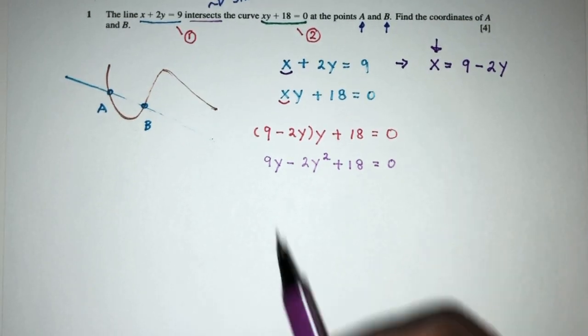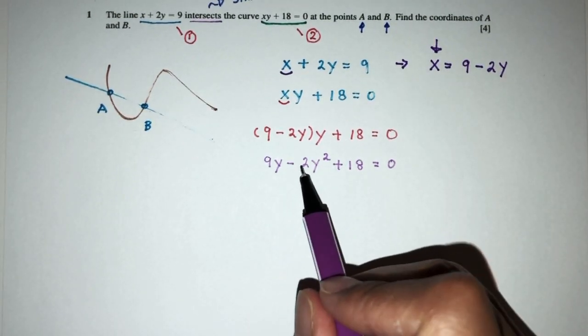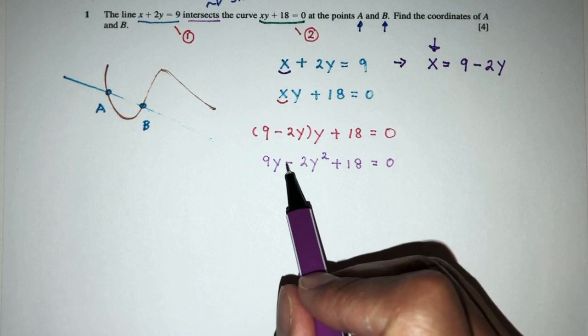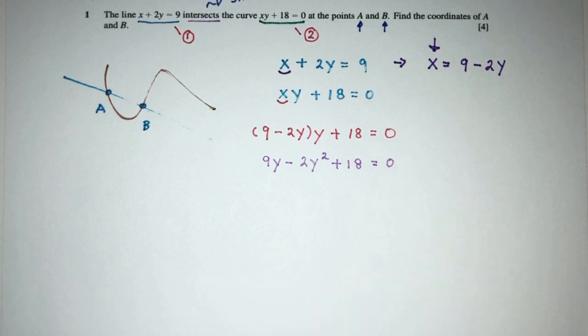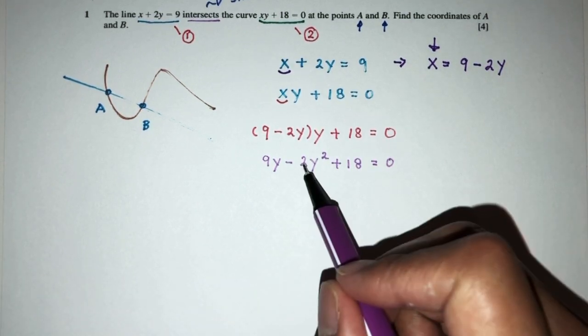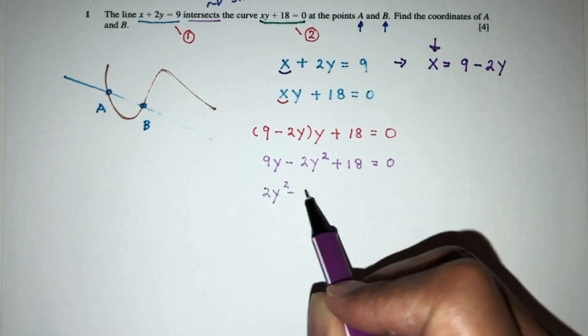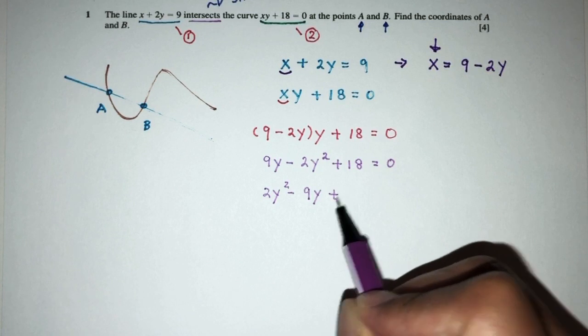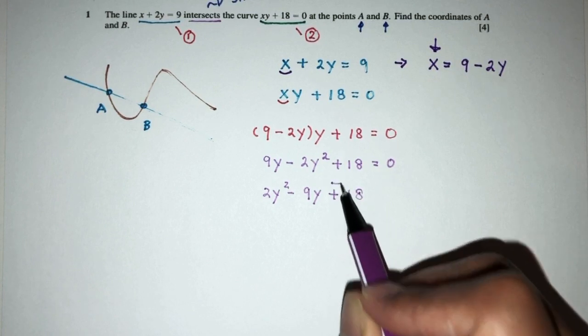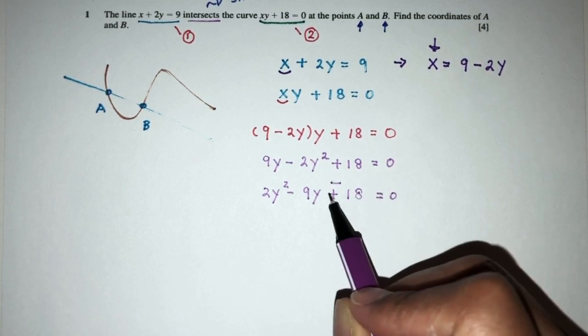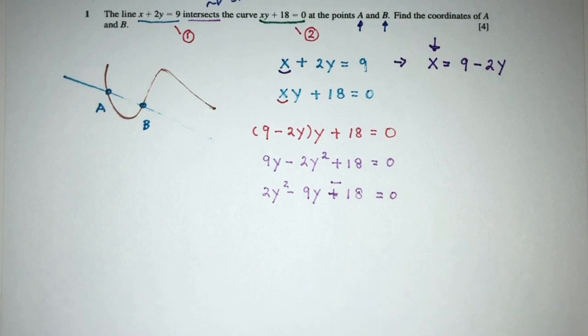Okay, now let's do something. Let's send everything to this side, because here we have minus 2y squared. I don't like to work with negative sign. Let me send everything to the right hand side. You will have 2y squared minus 9y plus 18. Sorry, minus 18 will be 0. It is minus, not plus. The sign will change, right?